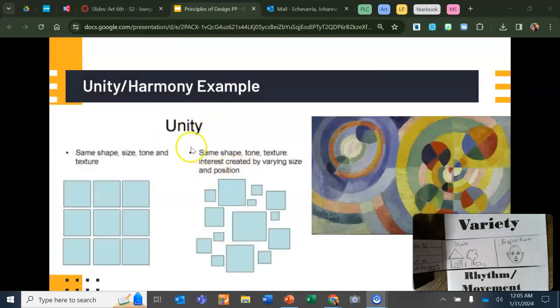So, unity, same shapes, size, tones, and textures. And same shapes, tones, textures, interest created by varying sizes and position.